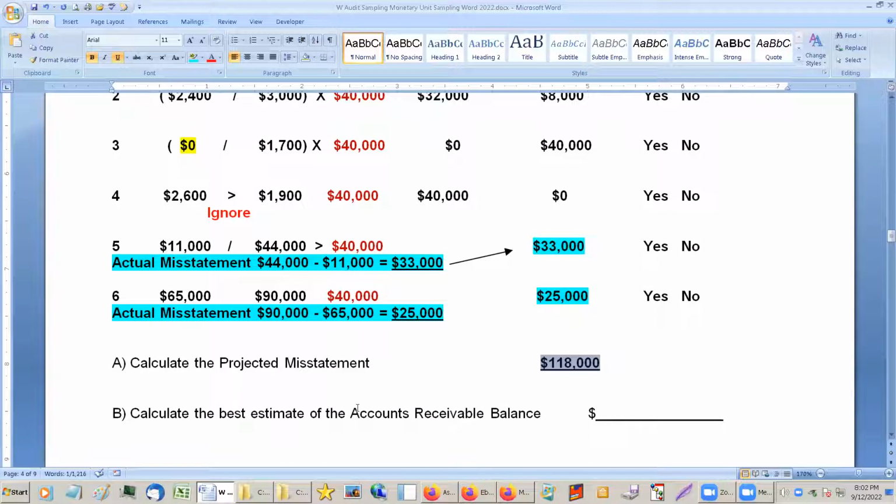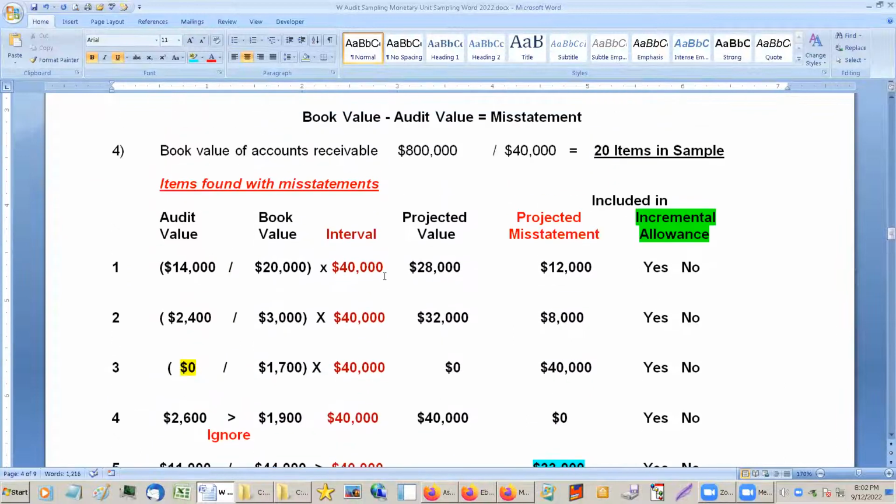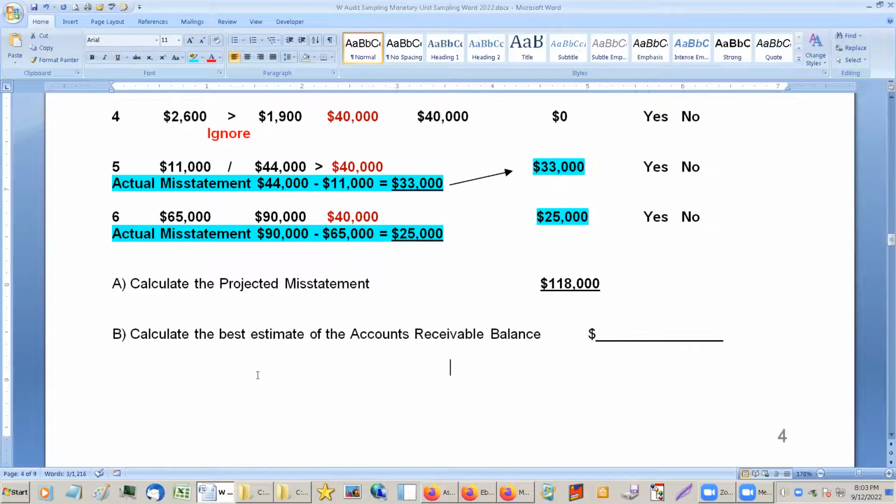Okay, so this is our best estimate of the projected misstatement. And our best estimate of the accounts receivable balance is 800,000 minus 118. 682, maybe.